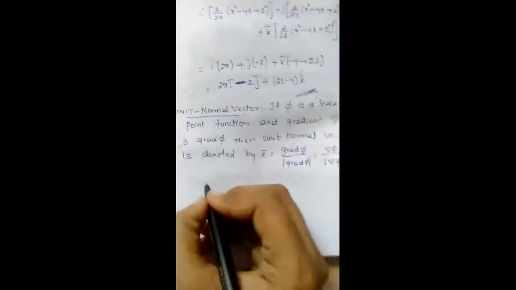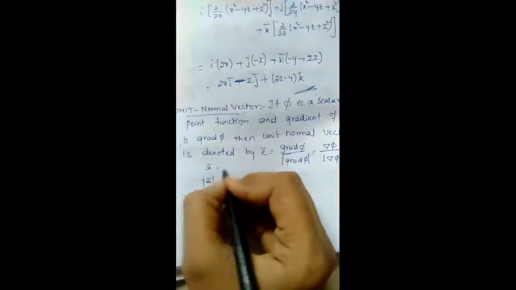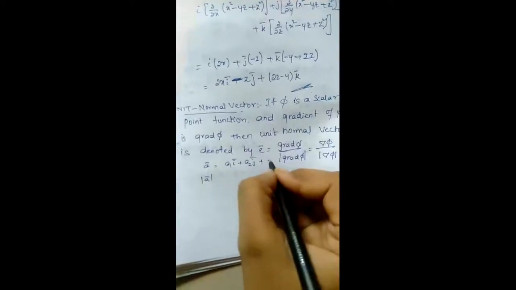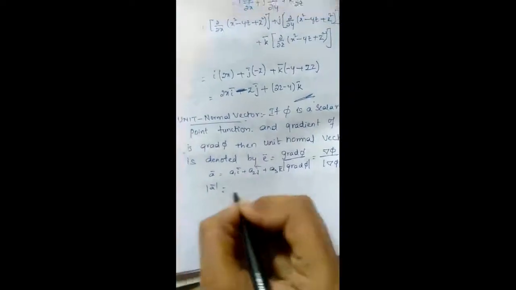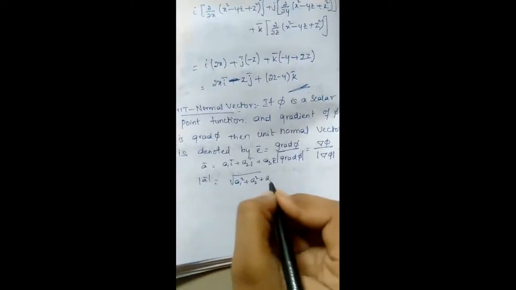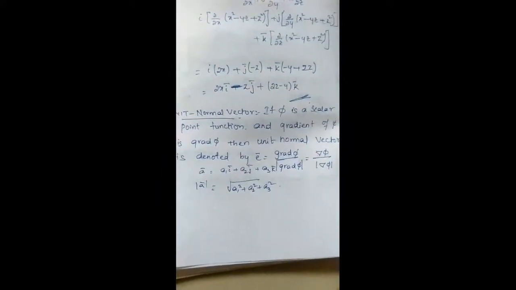Suppose A is a vector, A1 i bar plus A2 j bar plus A3 k bar, then its modulus is the square root of A1 square plus A2 square plus A3 square. Like this you will do it for a normal vector. That means you take the magnitude as the modulus.